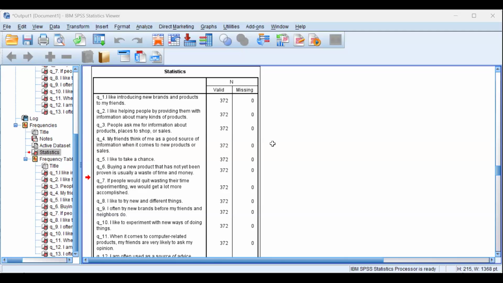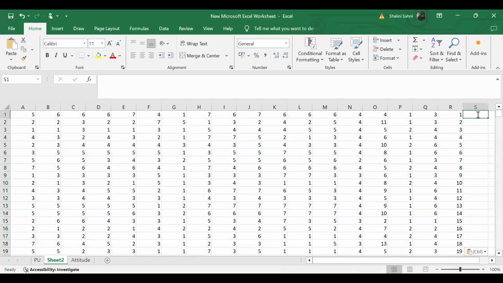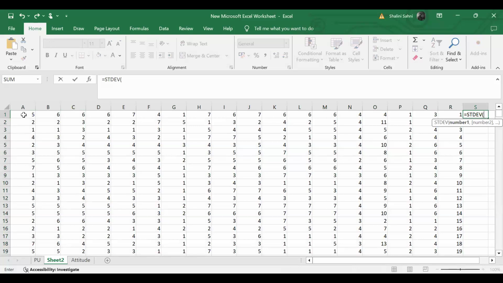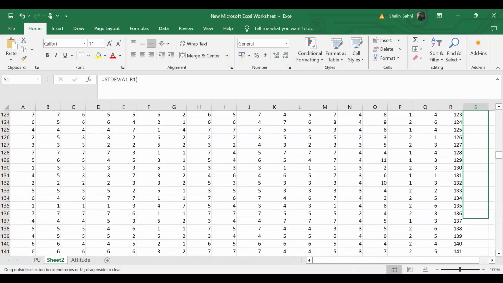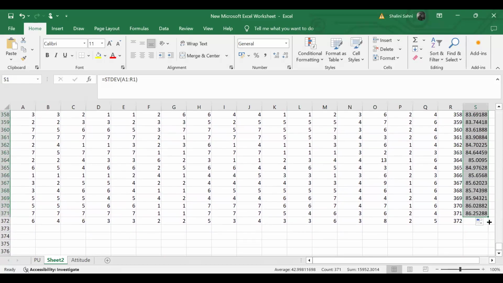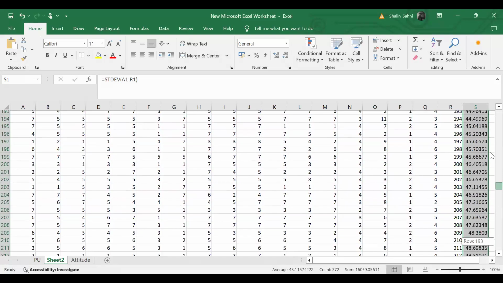So I've pasted this data to an Excel sheet and I'll simply calculate the standard deviation. Now you simply check the standard deviation.